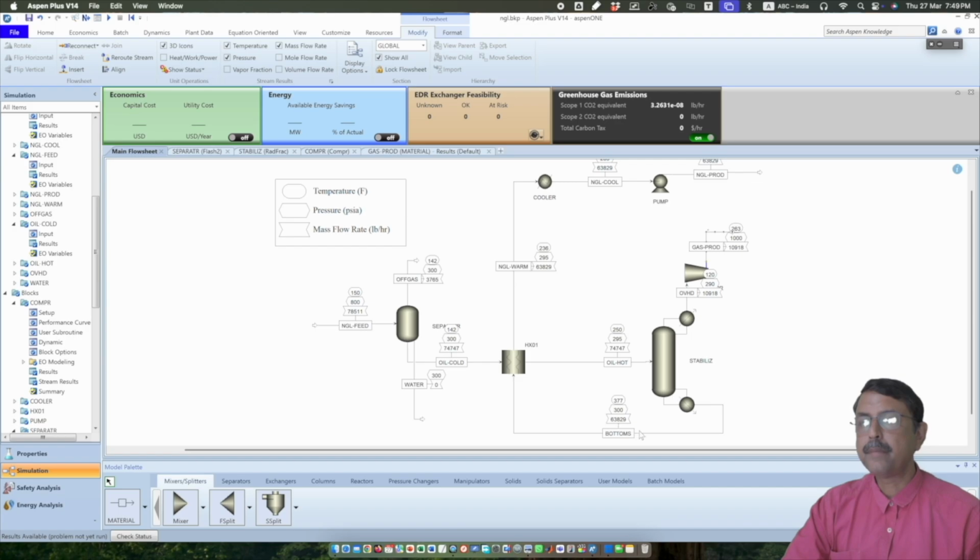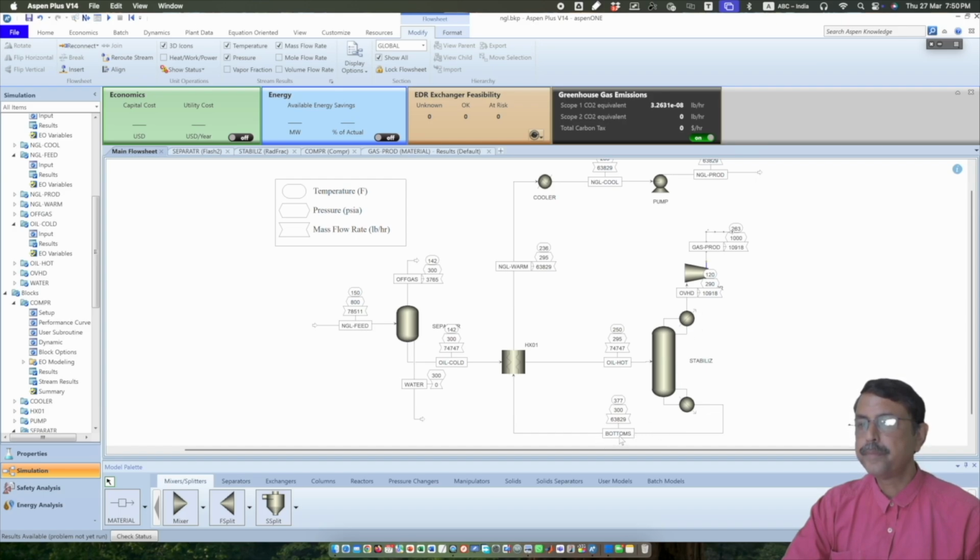Another line is the bottom product. As we discussed a few minutes back, most of the hot oil is coming down. I mean, 63,000 out of 74,000 is going through the bottom. Only 10,000 is going through the top.